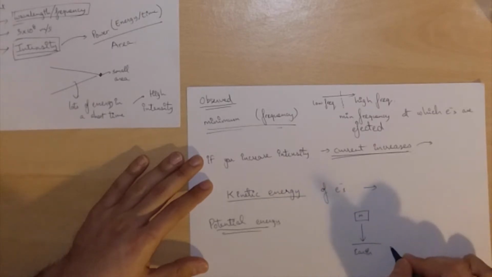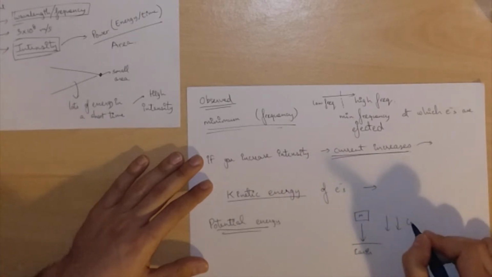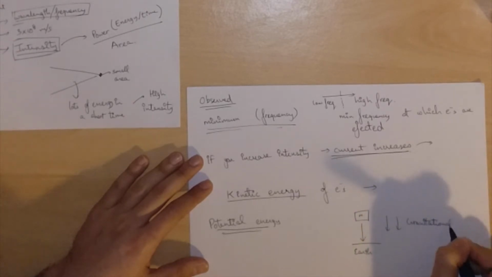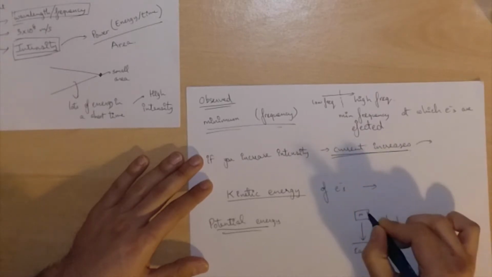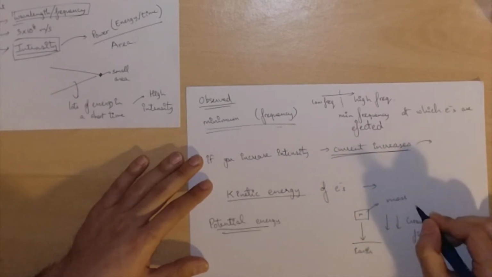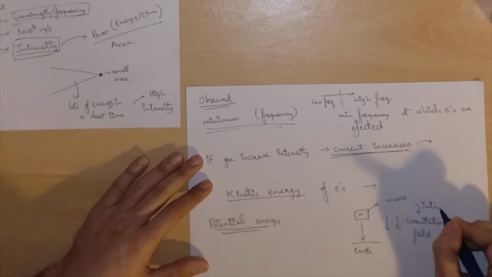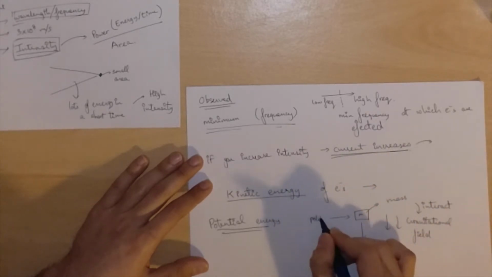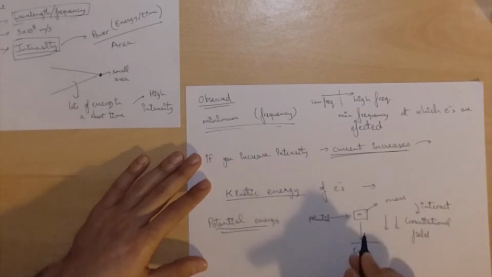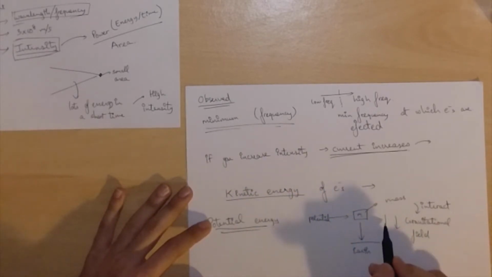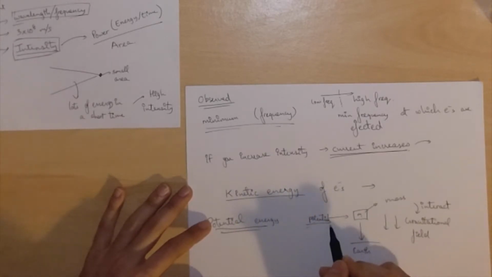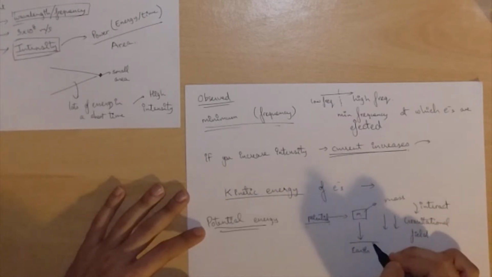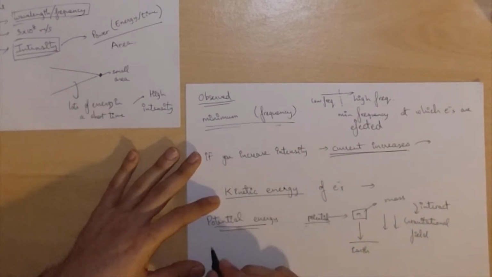Earth has a gravitational field, which we're going to represent using a bunch of lines. And this has mass, which allows it to interact with the gravitational field. And this height at which you place it gives it a potential. So in the same way, if you place a charge in an electric field, it's going to have a potential. So if you leave the charge, it's going to go down. Well, in analogy. But it's going to interact with the field, basically.